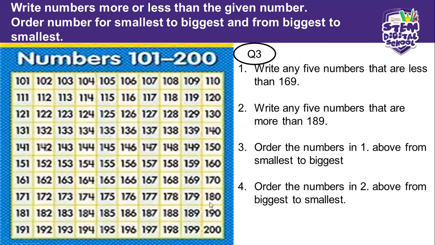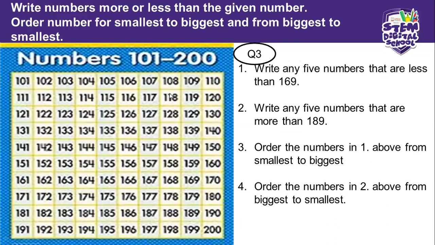Okay, the next question. Still on your classwork book, write for yourself Q3, which is question number 3. I'm also doing it. The first one says, write any 5 numbers that are less than 169.